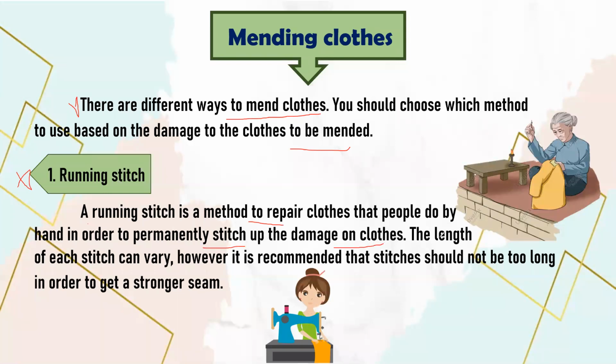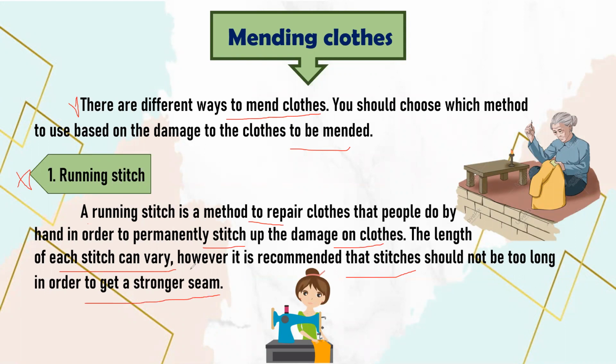The length of each stitch varies. It's not the same, it's different. However, it is recommended that stitches should not be too long in order to get a stronger seam.